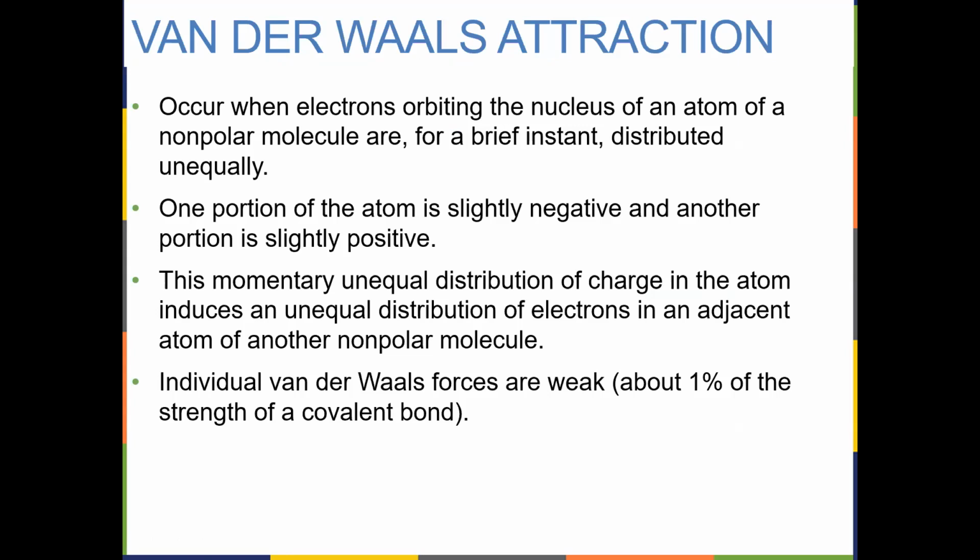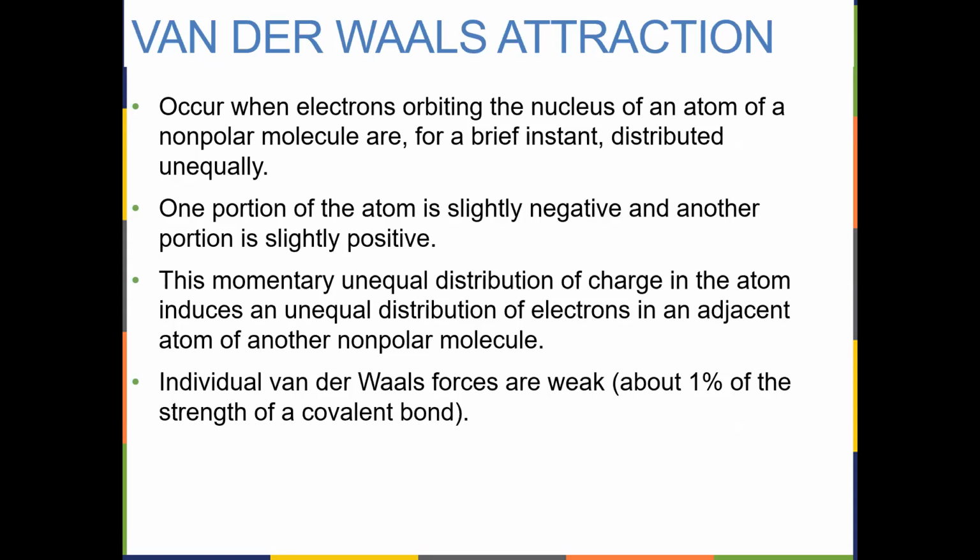One last type of bond that occurs is called van der Waals attraction. And we see it in one particular area that affects us. This is something we see in nonpolar molecules.